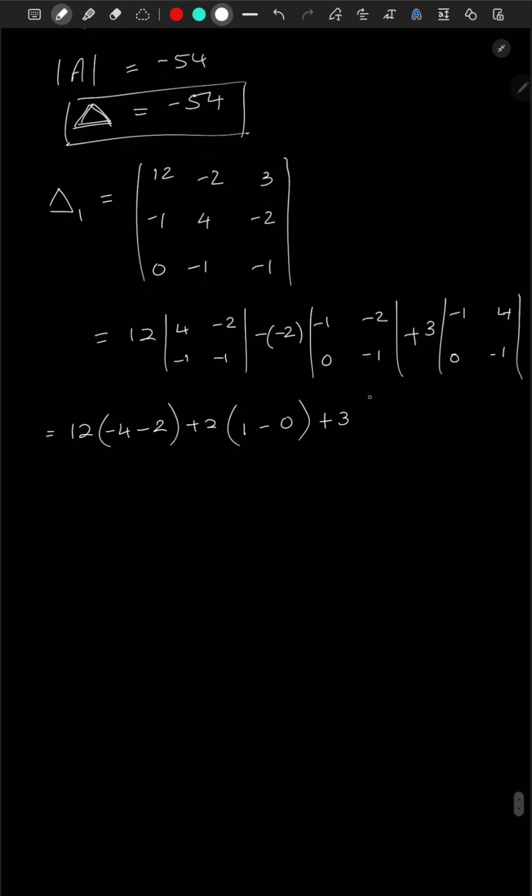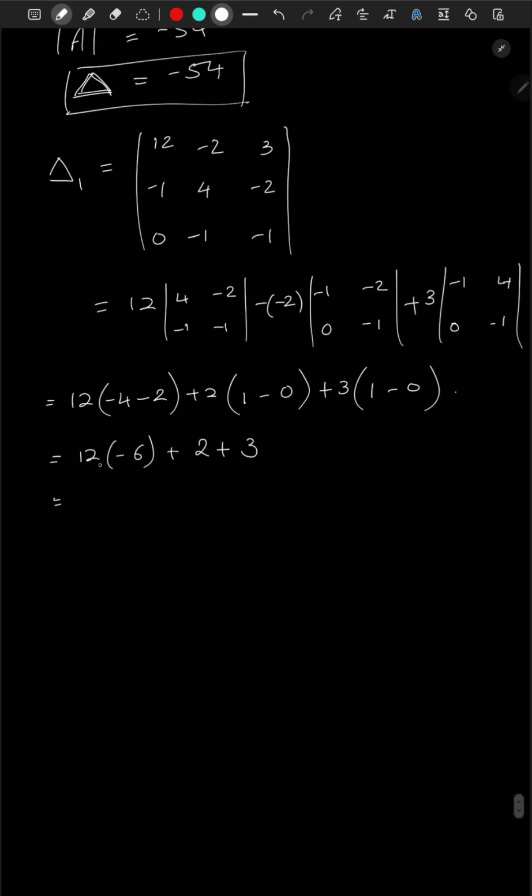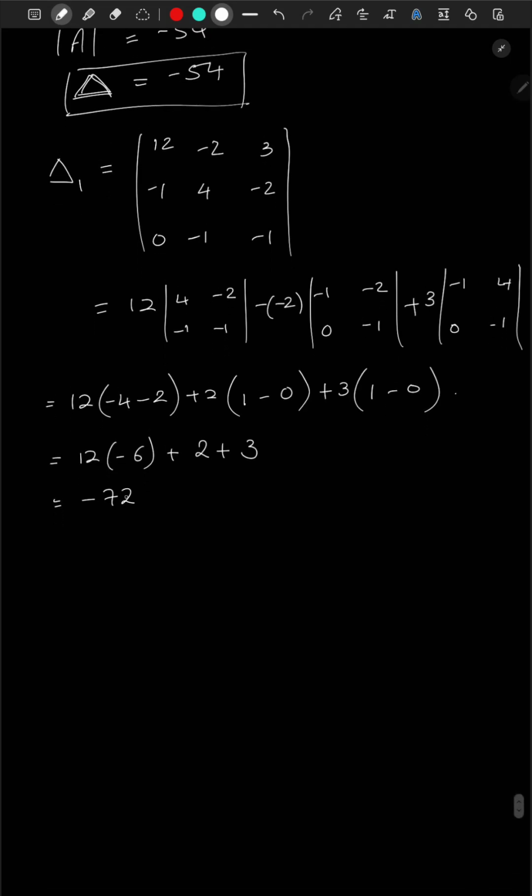So plus 3 times 1 minus 0. So it will give you 12 times minus 6, plus 2, plus 3. This is minus 72 plus 5, which is minus 67.